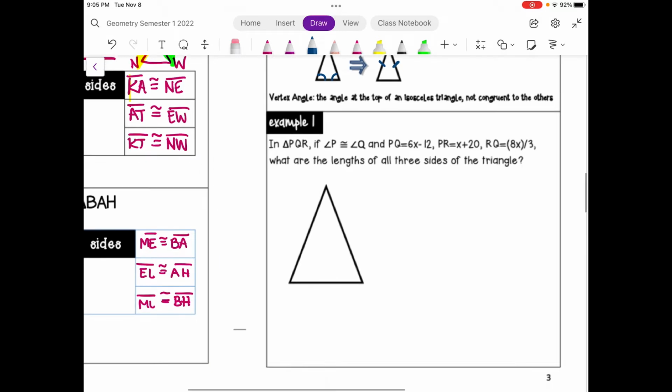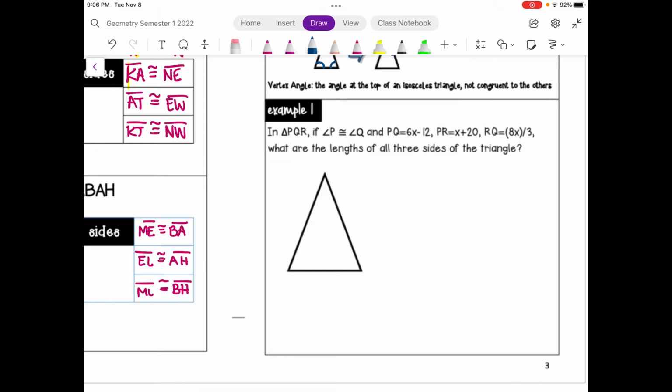All right, so example 1, in the triangle PQR, actually, let me switch that around for this one.